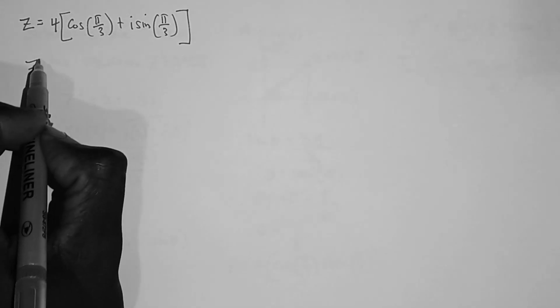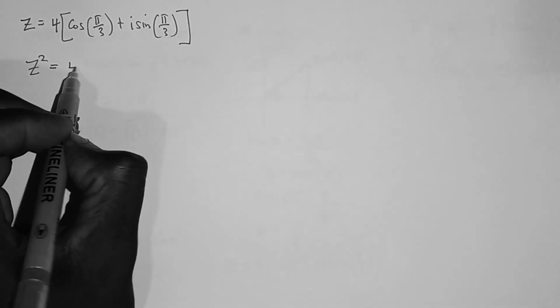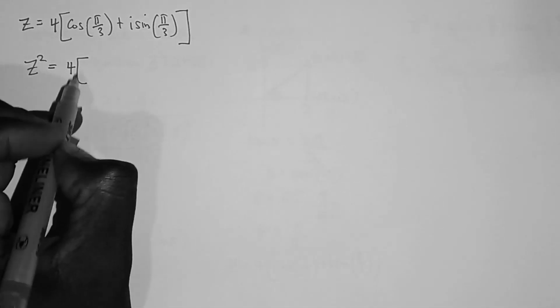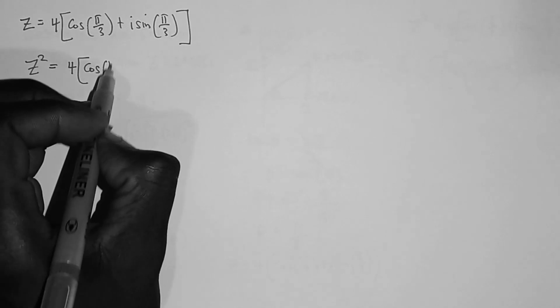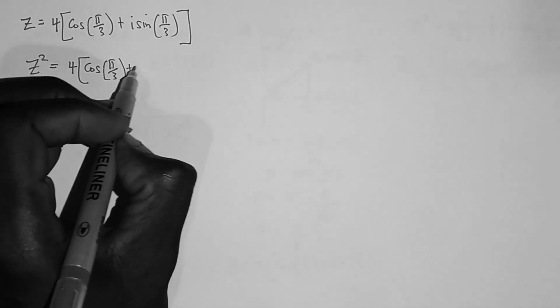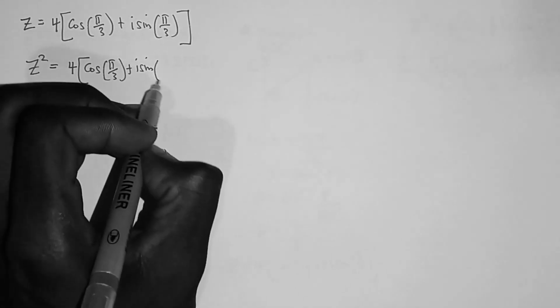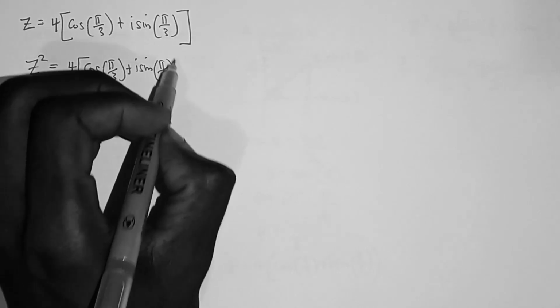And therefore this implies that z squared is equal to 4 times cos pi over 3 plus i sine into bracket pi over 3.